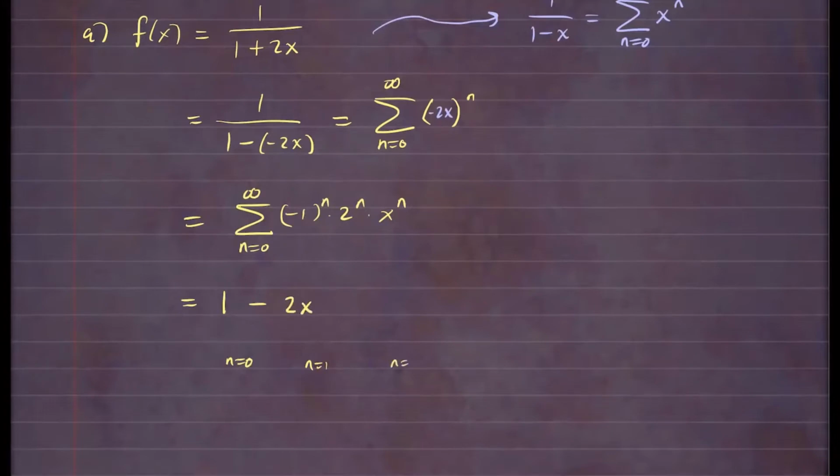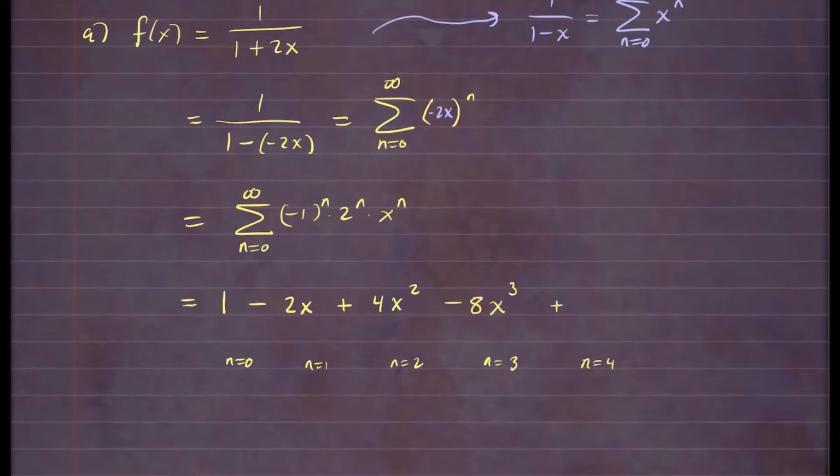And then when n equals 2, you're going to plug in 2 for n. So you'll have positive 2 squared, that'll be 4, x to the second power. And then when n equals 3, you're going to get negative 1 times 2 to the third power, so I'm going to write it as negative 8 times x to the third power. And one more term, for n equals 4.